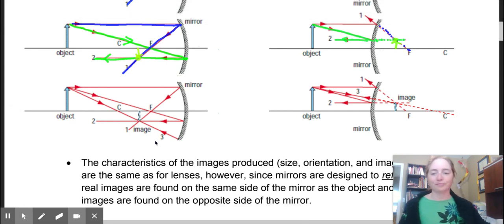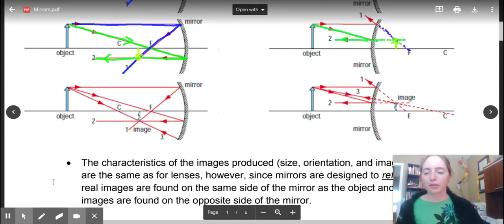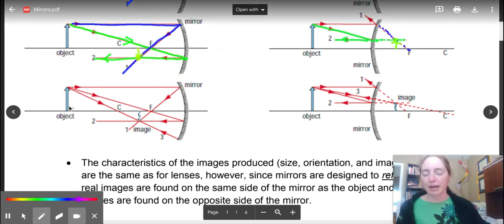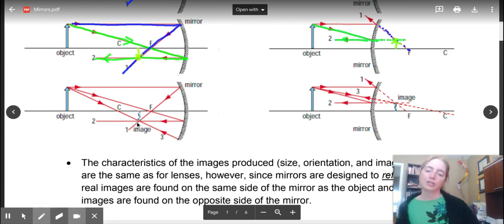Okay, so our line number 3 here, we're going to jump back to the pen tool. In this case, it's this line here. It comes down, goes right through that center of curvature. You guys are going to use your ruler. It's going to hit that point. Now it's going that way, but then it's going to bounce right back.